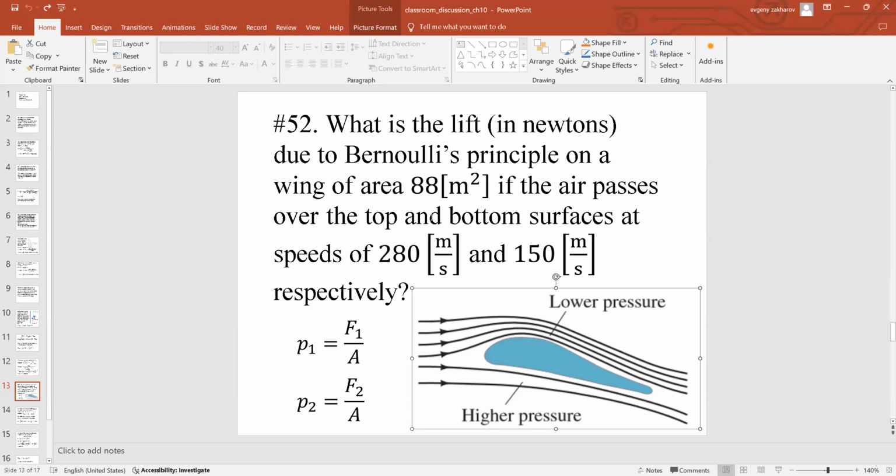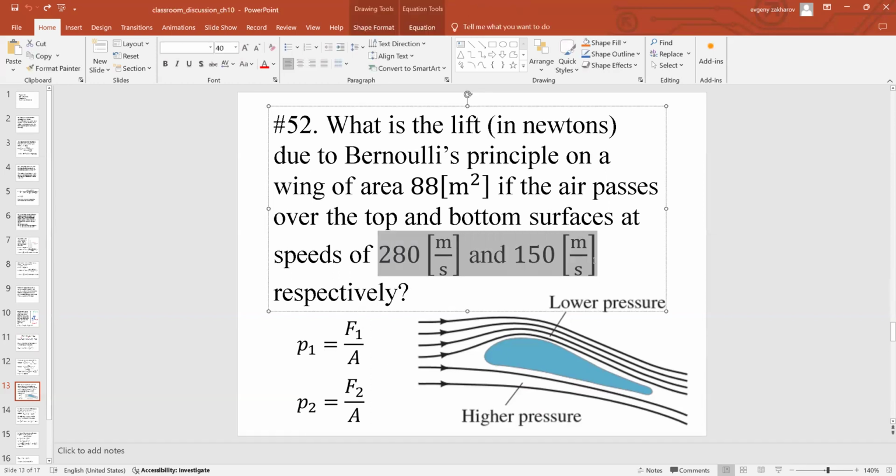And Bernoulli's principle says what? The more the speed, the less the pressure. That's exactly what you have on top. And the slower the speed, the higher the pressure. This is your conservation of energy for fluid dynamics. So it's lower pressure on top, higher pressure at the bottom. Boom, you have the uplift force, similar to the buoyant force. It's always upward.